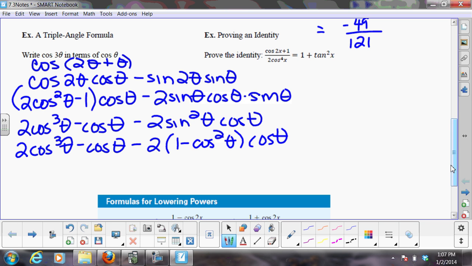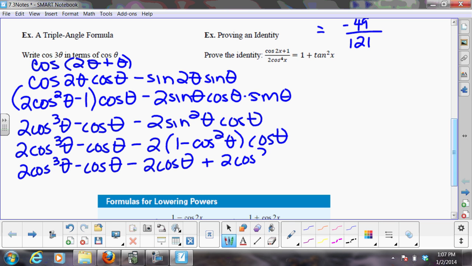I'm going to leave the first 2 terms and factor 2 cosine theta into the parentheses. So -2 times 1 is -2 cosine theta. Negative 2 times negative cosine squared is positive 2 cosine squared times cosine, so plus 2 cosine cubed theta.